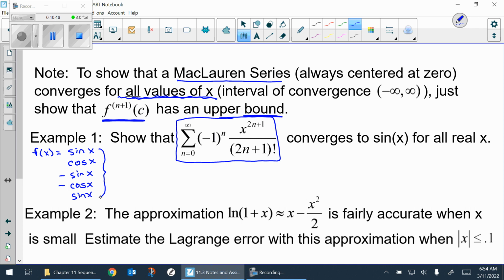Yes, sine, cosine, negative cosine has an upper bound. It has a value that it does not exceed, an upper bound of 1. Therefore, this polynomial series converges for all values of x.